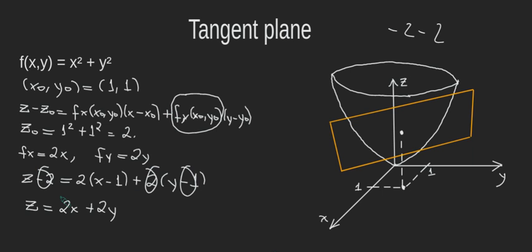And as I pass the 2 to the other side, it will be plus 2, which cancels out with this. The entire constant on the right side will remain as just minus 2. And so this here is already the equation of the plane.